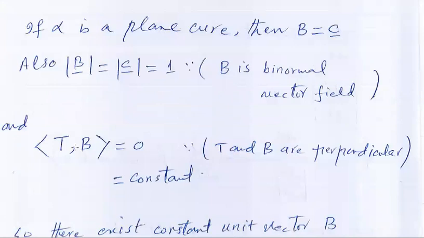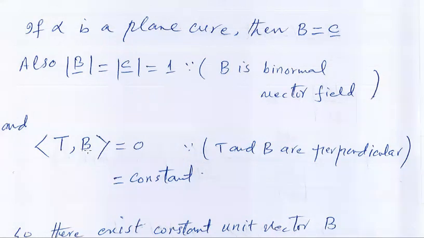So if we take the inner product of T and B, then its result is 0, which is also constant.